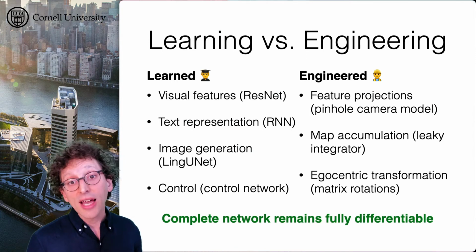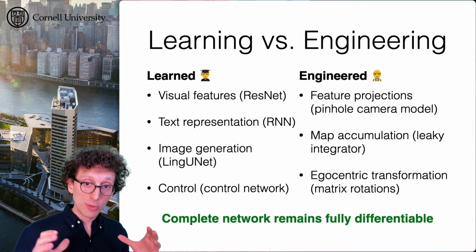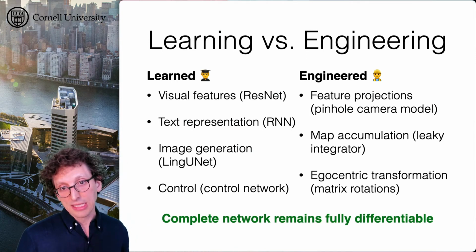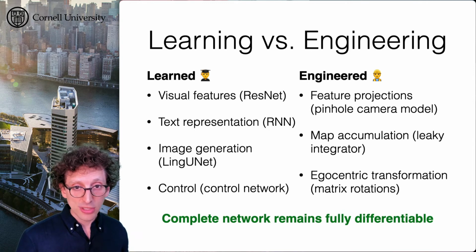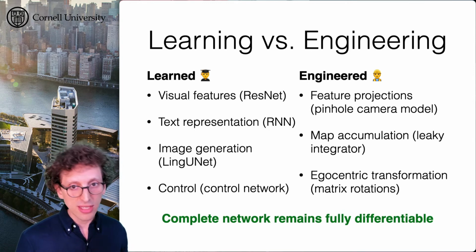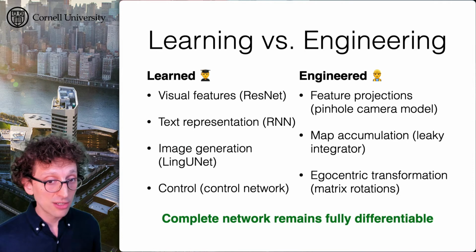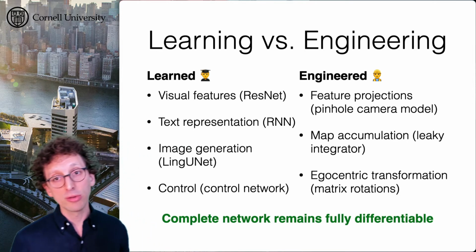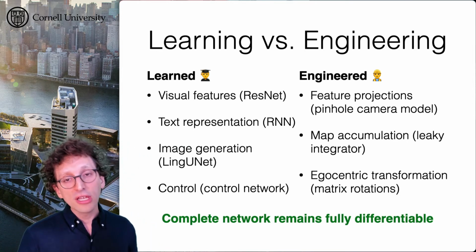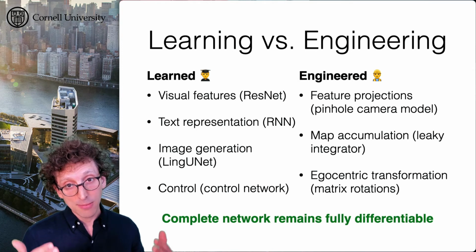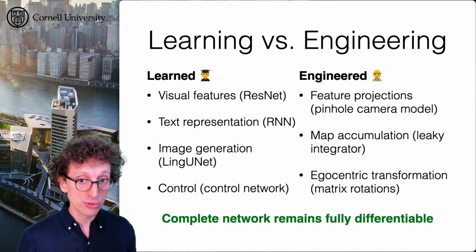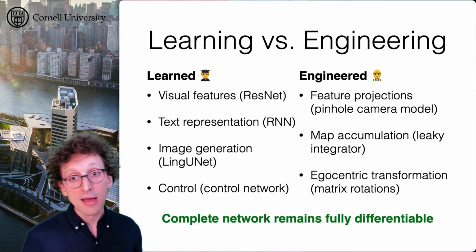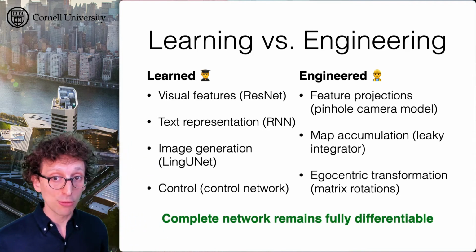We can learn the text representation. We can learn the image generation process using the LingoNet architecture in order to generate the visitation distributions. And finally, we learn how to solve the control problem using the control network. All these things are problems that are really difficult to solve using engineering solutions, but we have a pretty good idea of how to learn them.